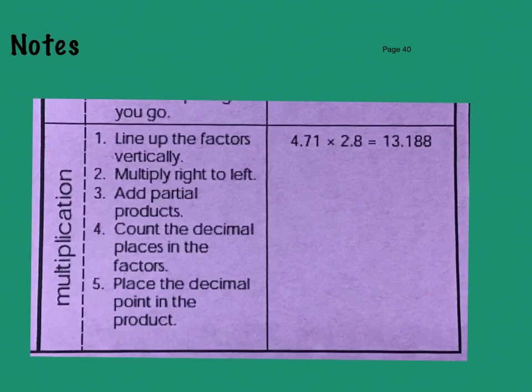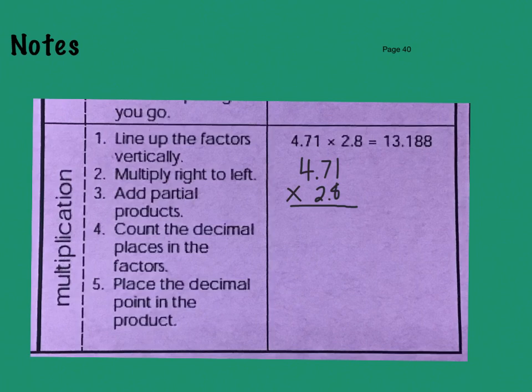One thing that's different about multiplying decimals is that you don't have to line up the decimals. I know in addition and subtraction we did, but in multiplying you don't. So we're just going to go 4 and 71 hundredths and then 2 and 8 tenths like that. You can see I didn't put the decimals in line, so there's no need for it.